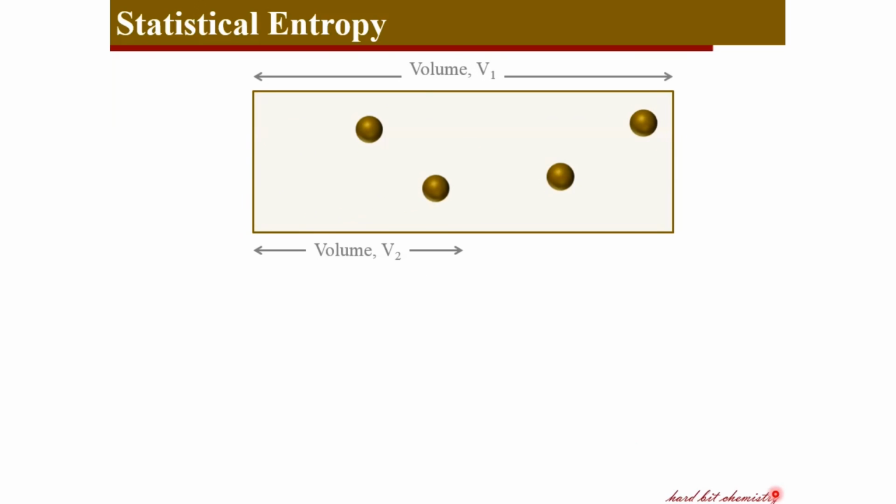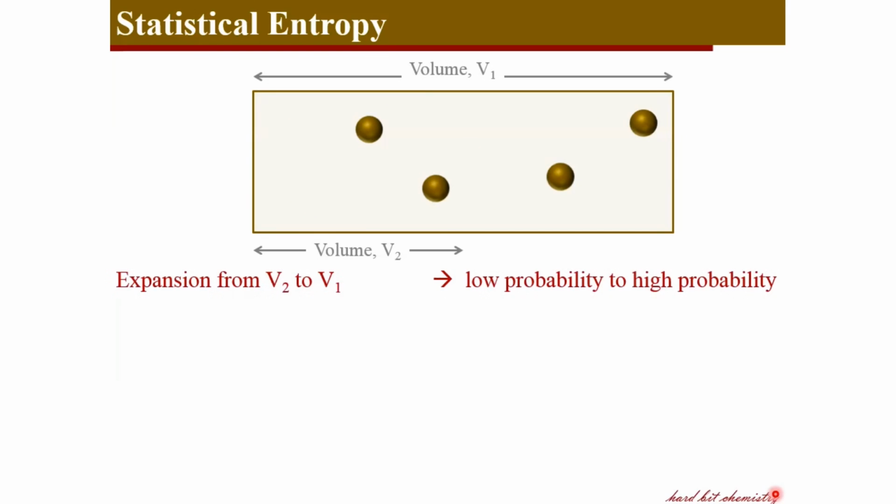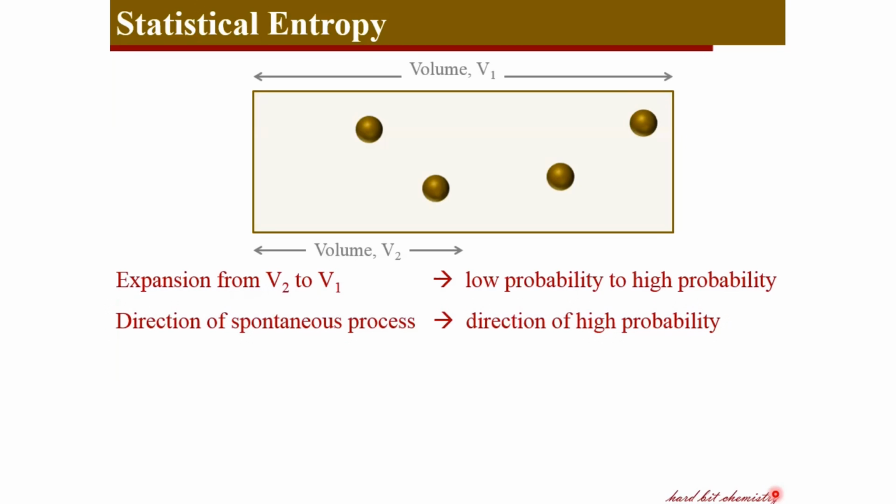So what is happening in terms of probability is that the system is moving from a low probability situation to a high probability situation. That means the spontaneous expansion of gas from this small volume V2 to the large volume V1 is occurring in the direction of high probability.